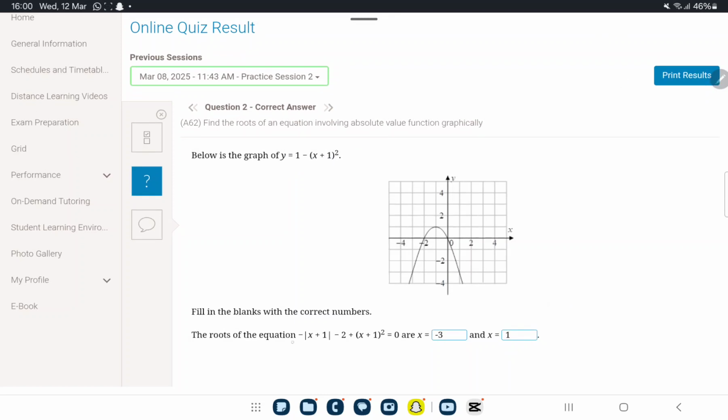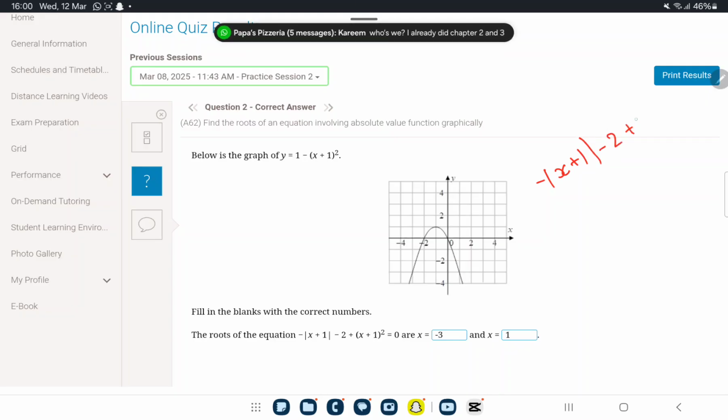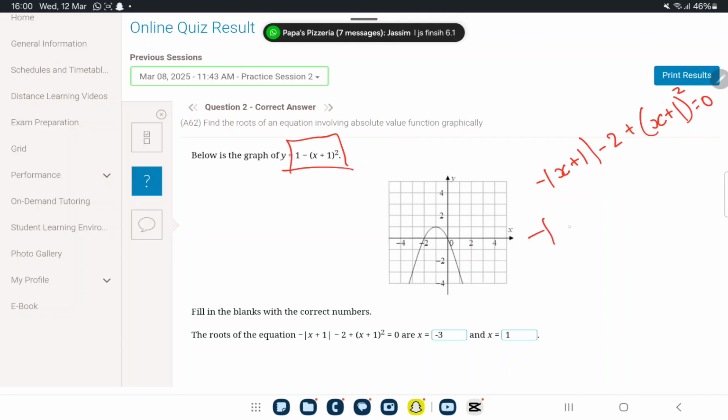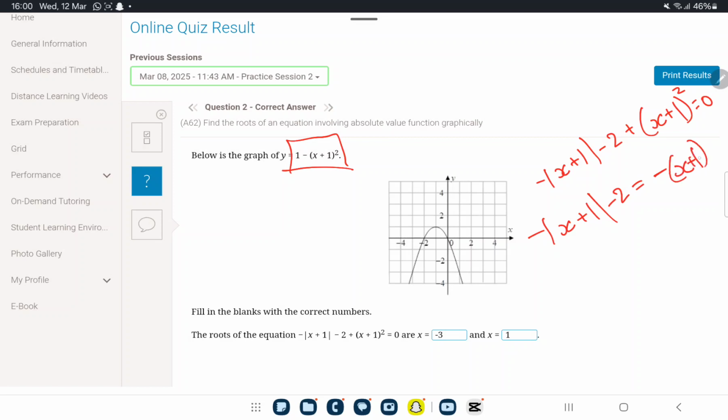You only need to graph the other one, so minus x plus 1 minus 2 plus x plus 1 squared equals 0. So you want the other side, the 0 side, to have this. So you move it to the other side, minus x plus 1 minus 2 equals minus x plus 1 square. You move one of the two to the other side, it becomes minus x plus 1.